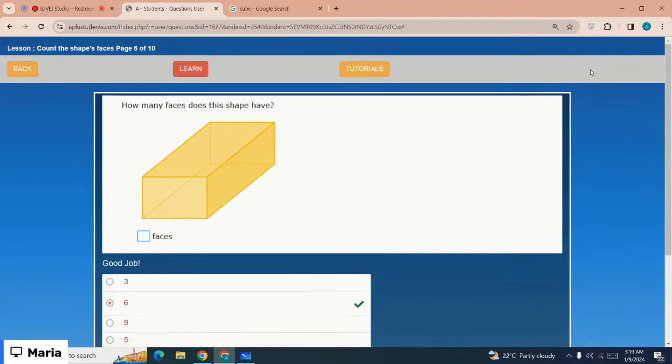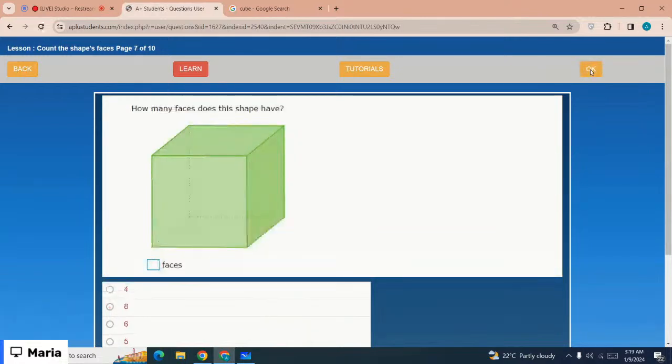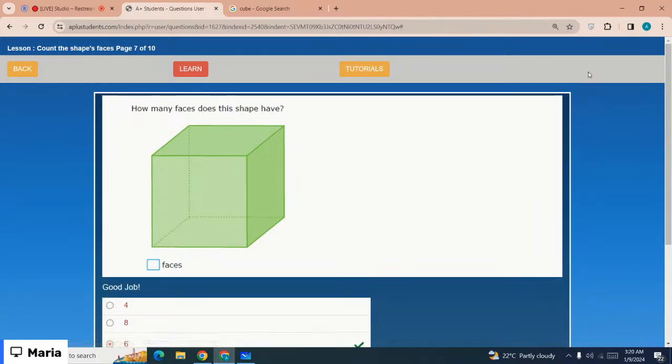The shape has six faces. How many faces does this shape have? The correct option is six faces. The shape has six faces.